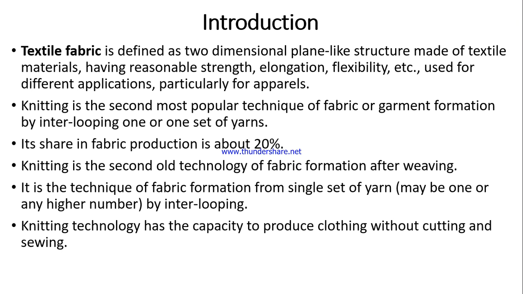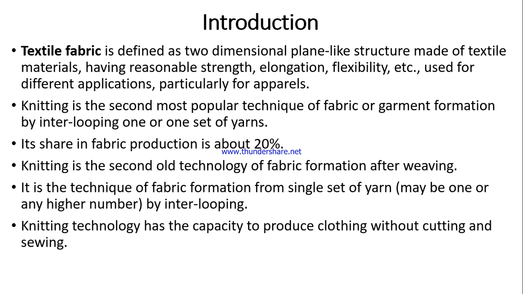It is the technique of fabric formation from a single set of yarn, maybe one or any higher number, by interlooping. Already I have mentioned that knitting can be done from a single yarn or a single set of yarn. Set means a number of yarns presented at a time in the machine for the fabric formation. When we are using a set of yarn, then the production will be multiplied.